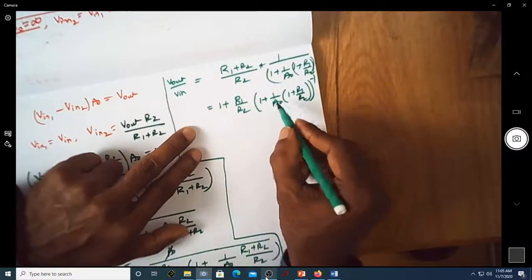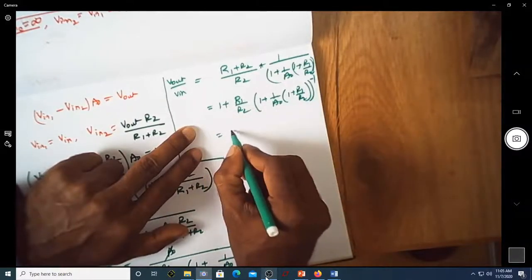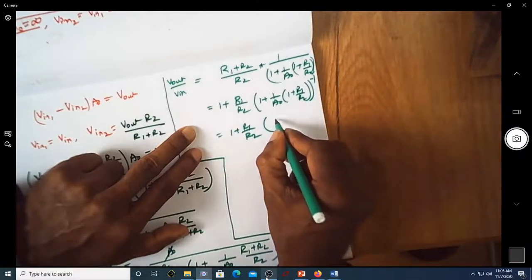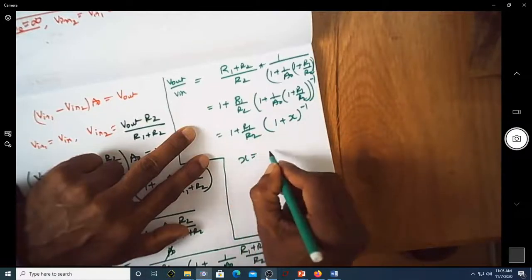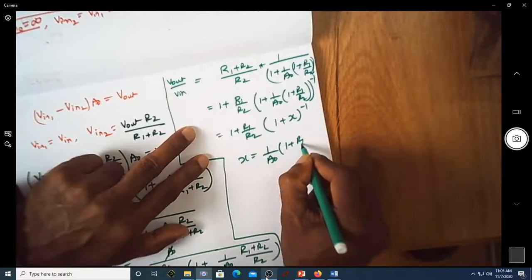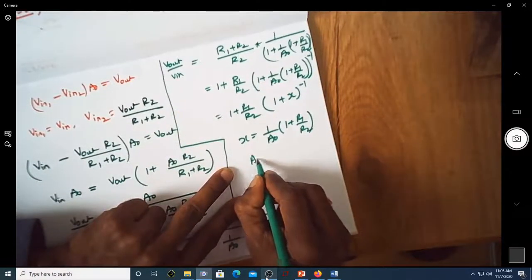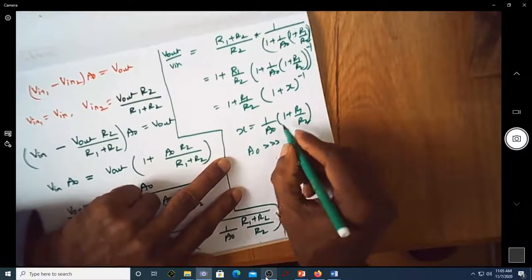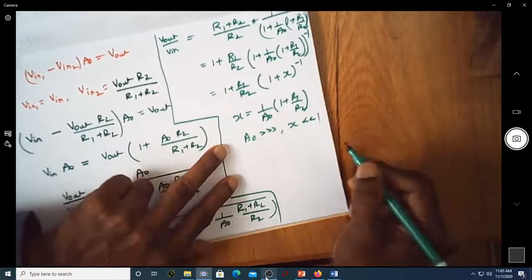So now you have a quantity like 1 plus x to the power minus 1, where x is equal to 1 over A naught times 1 plus R1 by R2. We know that A naught is a very large value. In such a case, is the value of x far less than 1?